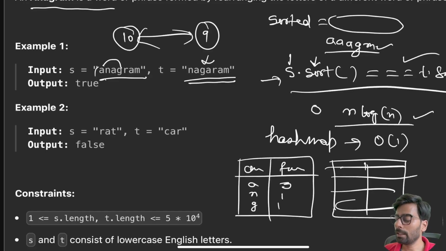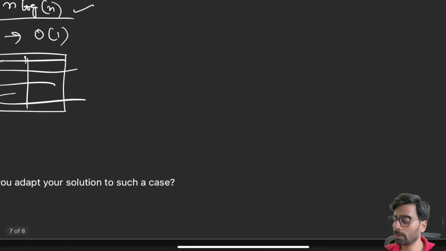Whenever we get A here in S, we can increase the count of A by 1. And similarly, whatever character we get in T, we will decrease the count in the hash map correspondingly.